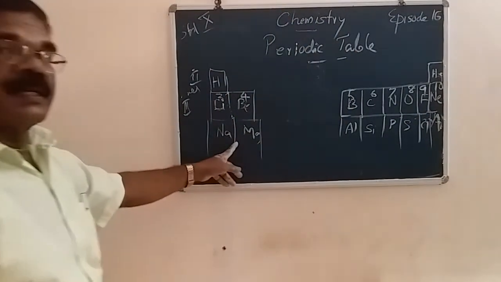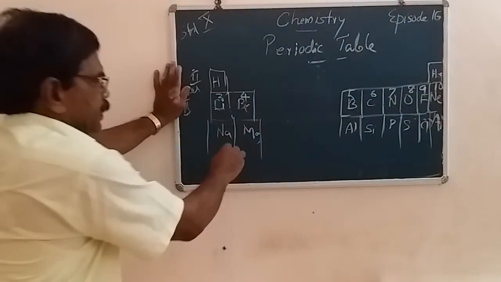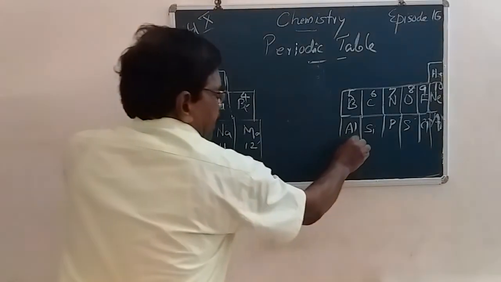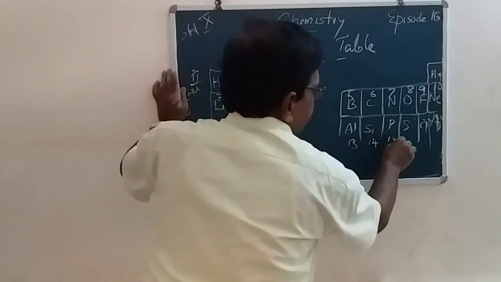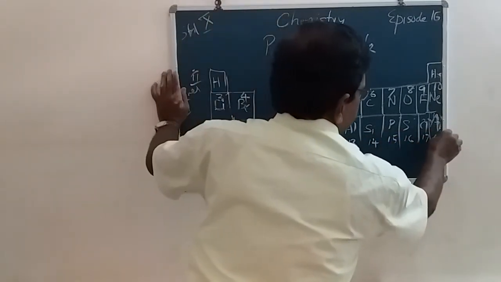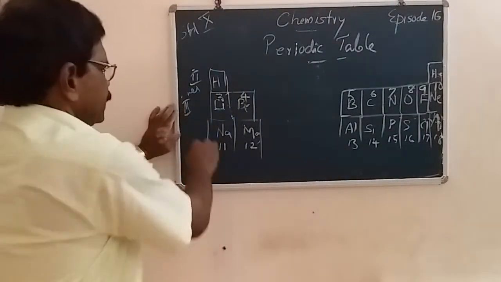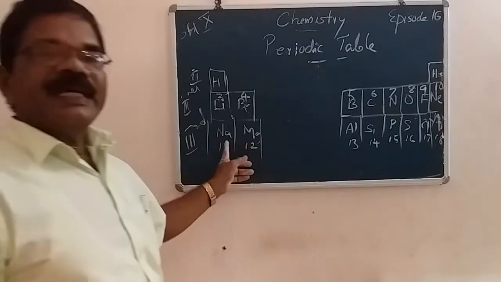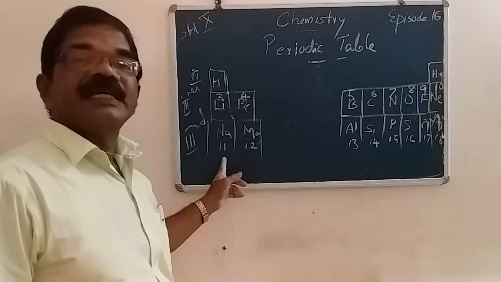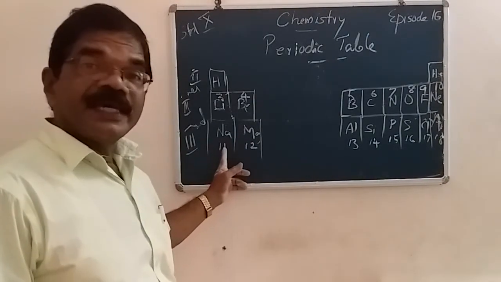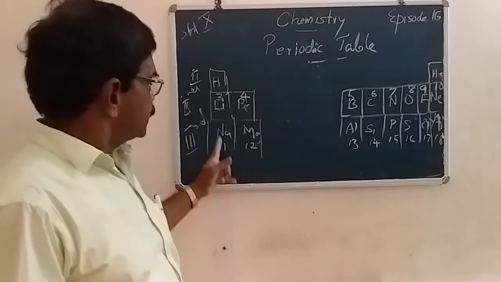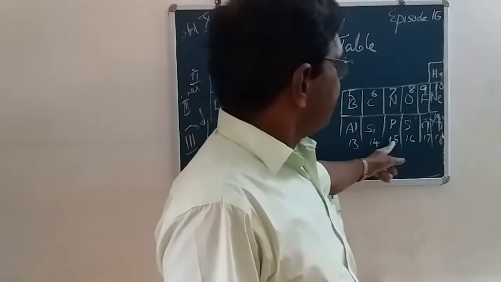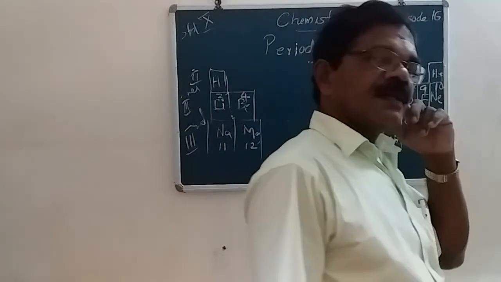In the third period, please note, the atomic number increases from 11, 12, 13, 14, 15, 16, 17 and 18.